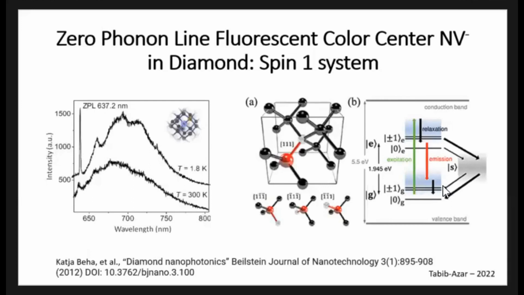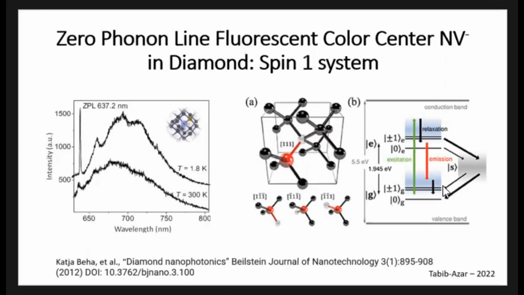If you replace one of the carbon atoms with nitrogen, which is a naturally occurring dopant in diamond, and then put a defect in there, the way they do that is they irradiate it with a high energy electron beam, and then they anneal it so that these get matched up. So you end up with a nitrogen and a vacancy, and if you add electrons after you anneal it, then you can charge it.